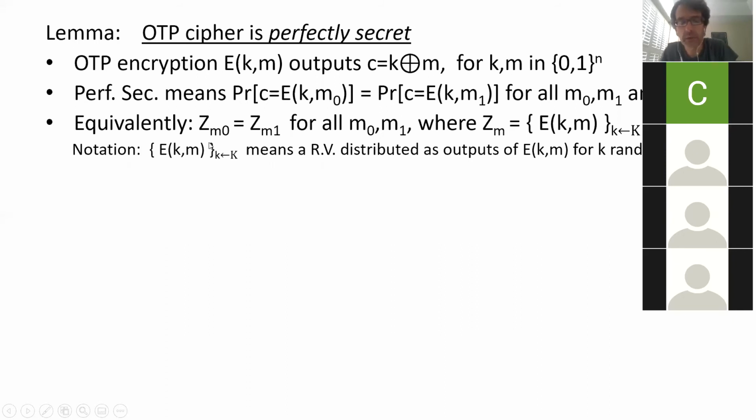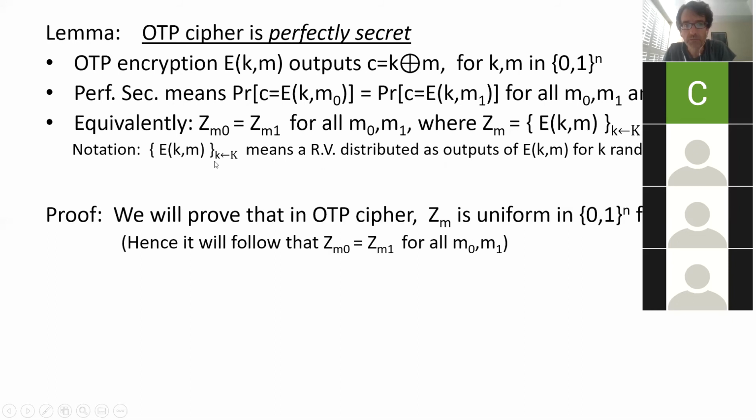Equivalently, I can look at it as if I denote the output of encryption on M as a random variable, I call it ZM. It's a random variable induced by a uniform random choice of the key. I sample the key uniformly and I output the encryption. That's what this random variable is. It just says that these two have to be the same for any M0 and M1. So let's prove this.